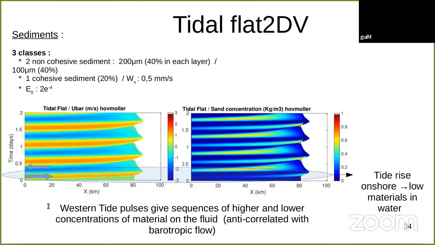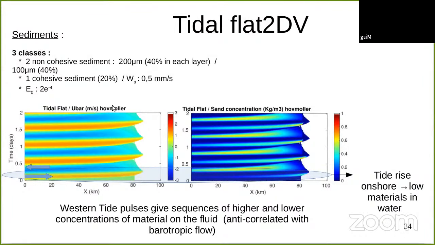But the most important is to see that when you force on the western part with a tidal cycle, you have a higher barotropic U velocity when tides go onshore, which is related to less material in the column.